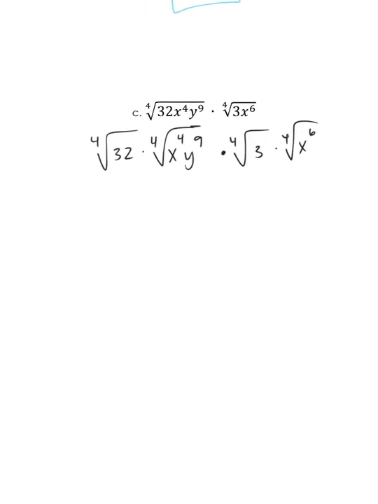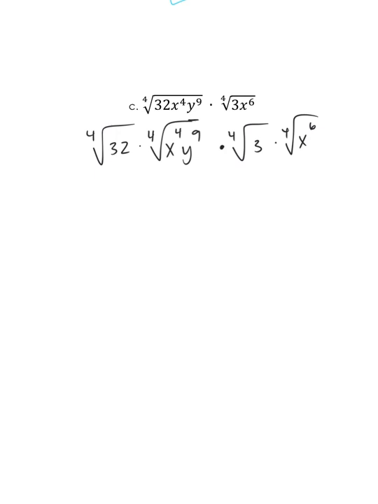So I'm going to work on each of these individually. 32 has a perfect fourth root. No, sorry, it doesn't. I lied. 32 can be broken down to 2 times 16. Now 16 has a perfect fourth root.